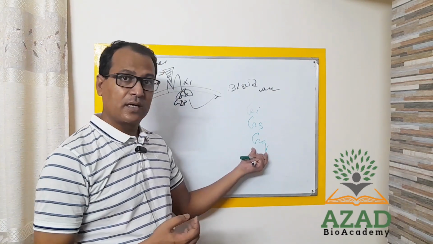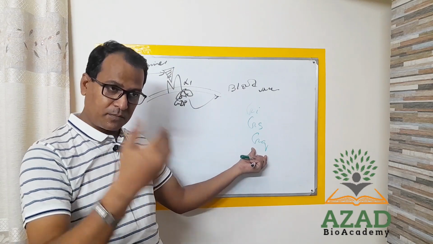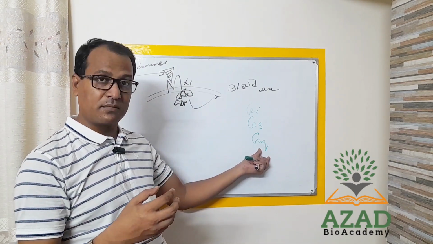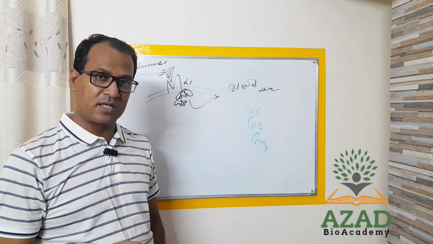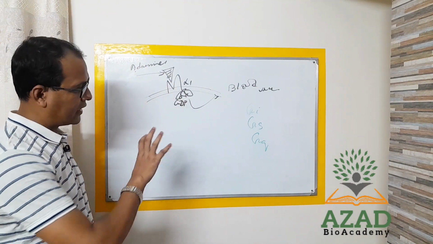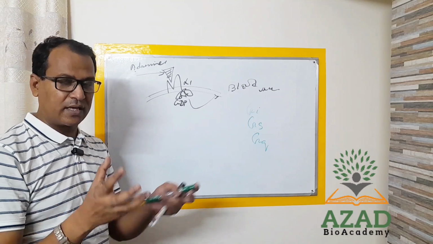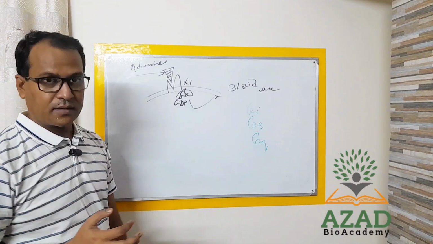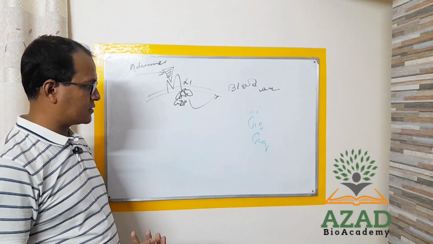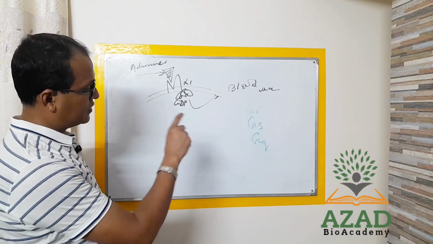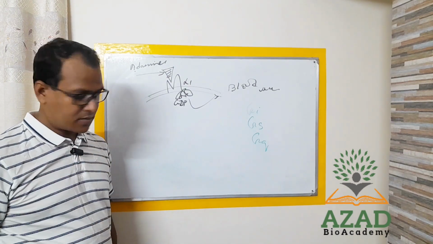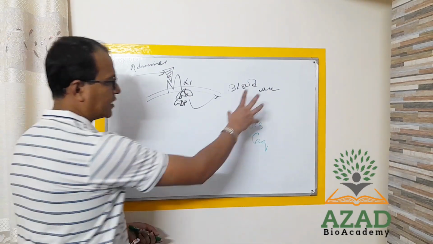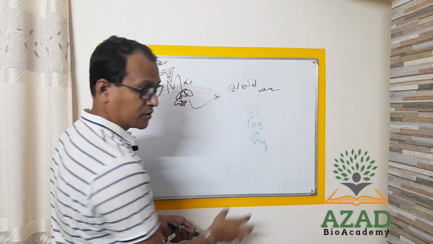Somewhere it is called quaternary, but why it is called G-Q is still not clear. In some places I found this quaternary, but it is not well established. Okay, so that's G-Q. So three types of G protein.